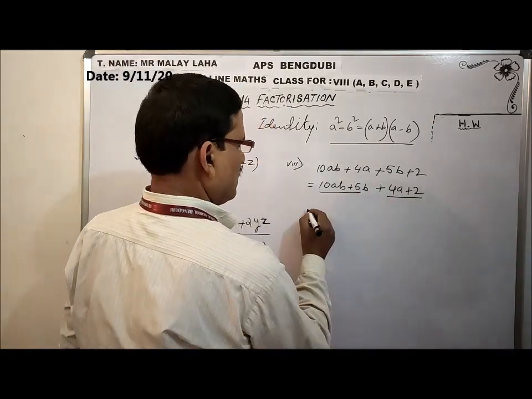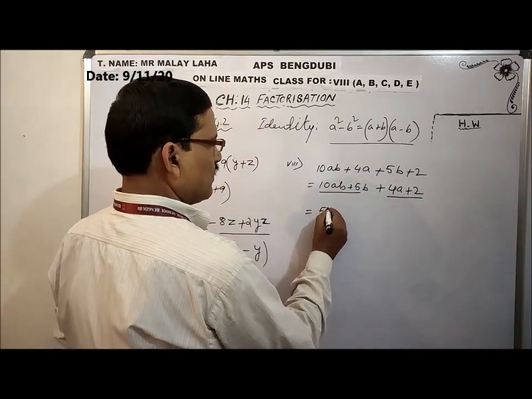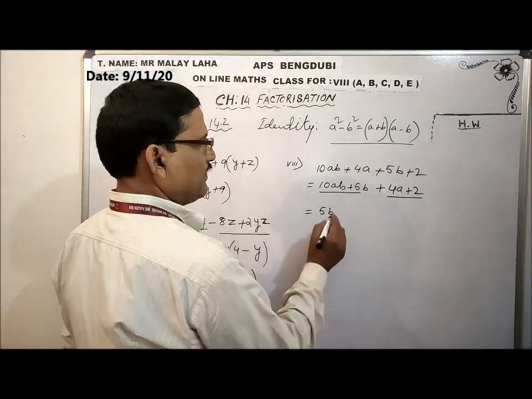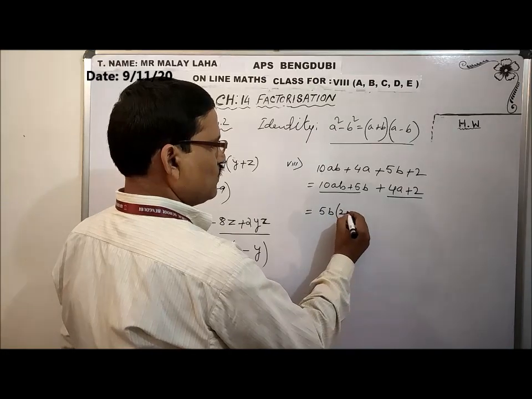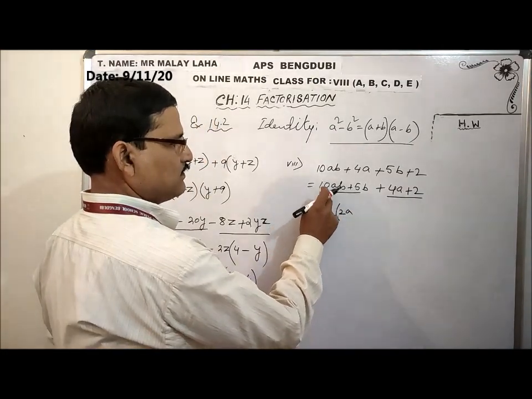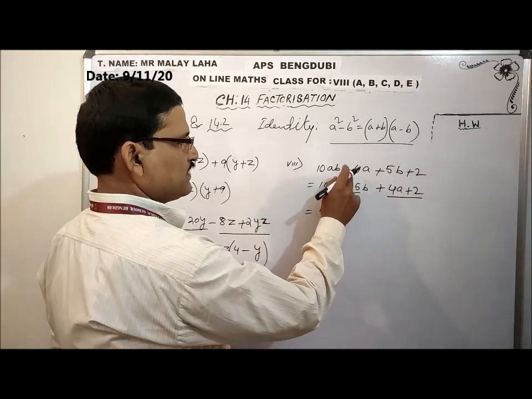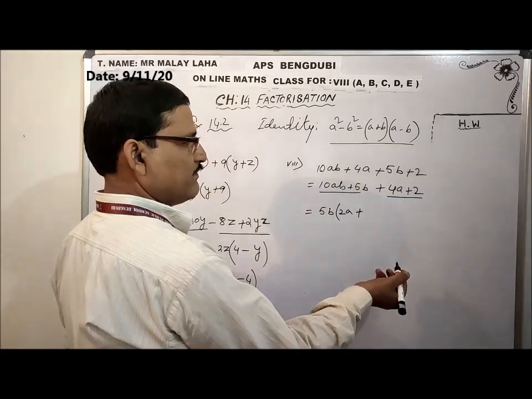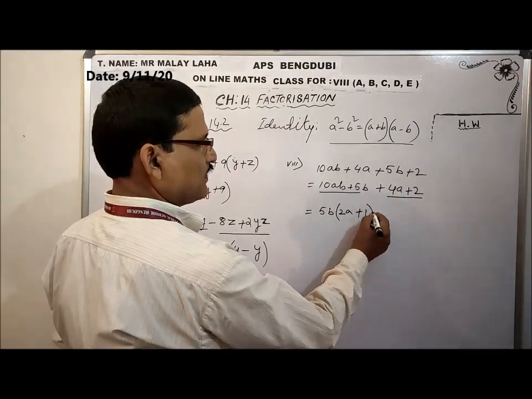If I take 5b common, 10 can be divided by 5, and 5b can also be divided by 5. b on both sides. So 2, a is left out. If I divide by 5, 10 gives 2, b is out, a is left. And 5b divided by 5b is 1.